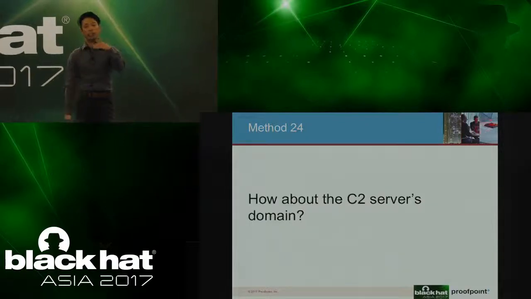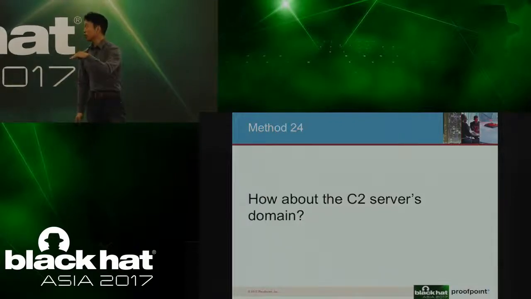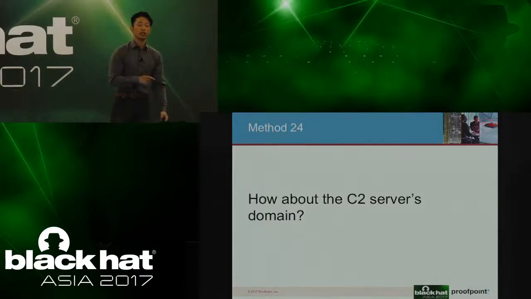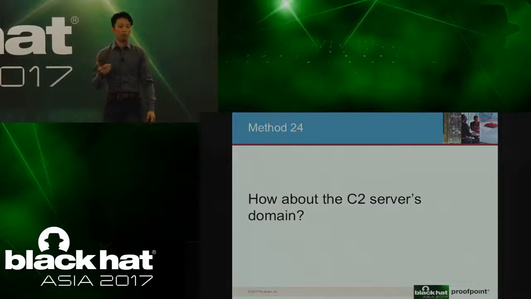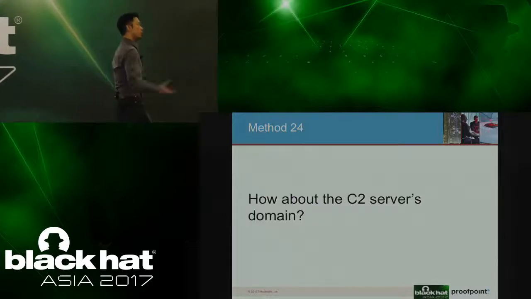reverse proxies in front of their C2 servers. Nginx reverse proxies, right? So although we're playing with this server, sometimes for correlation and attribution purposes, we want to know what's the real domain and IP of that particular C2 server. And so how can we do that very quickly?